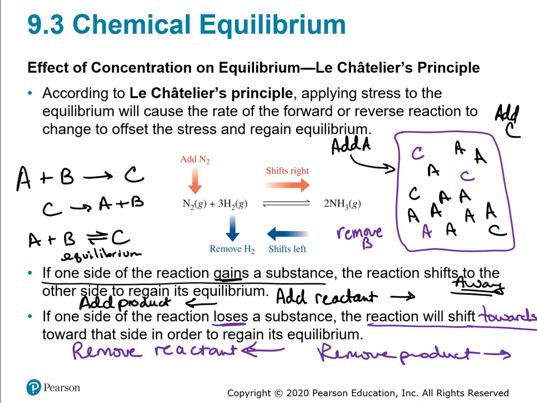So eventually you're going to reach a point where you will be at equilibrium, even though you have more product than reactant. And once you reach that, the amount in the big beaker and the amount in the little beaker will be exactly the same. And so it won't be equal 50-50.